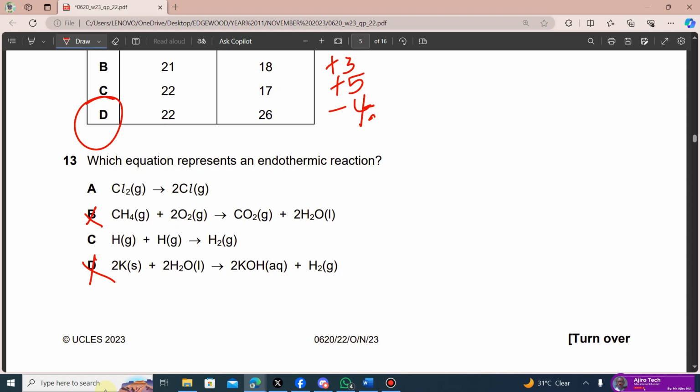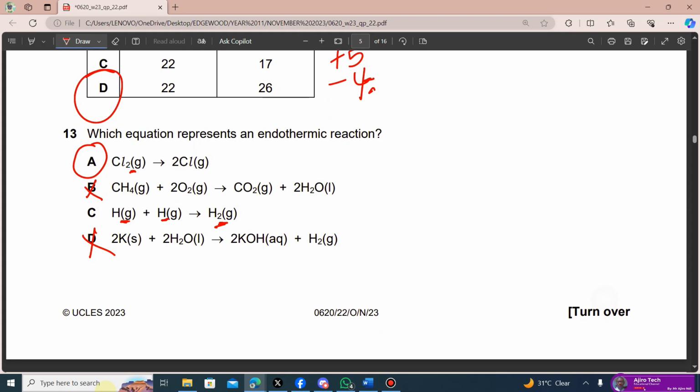So now we are left with A and C. The combination of 2 atoms of hydrogen to form the molecule is also exothermic. So our answer here is the dissociation of this chlorine molecule, which is endothermic. Okay, so that is that.